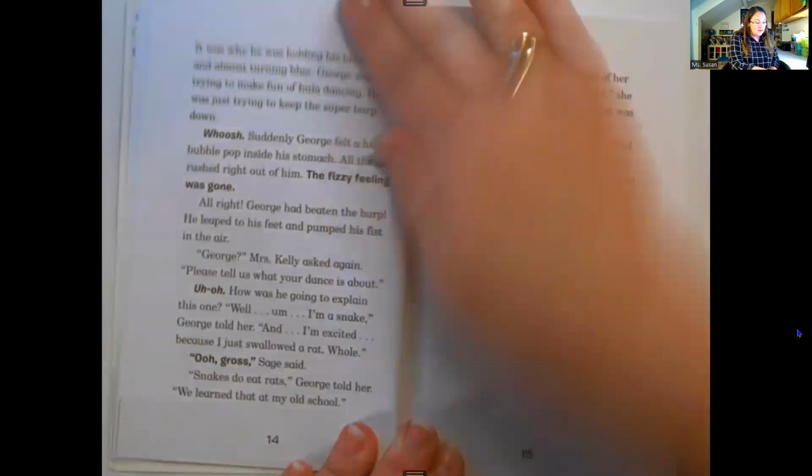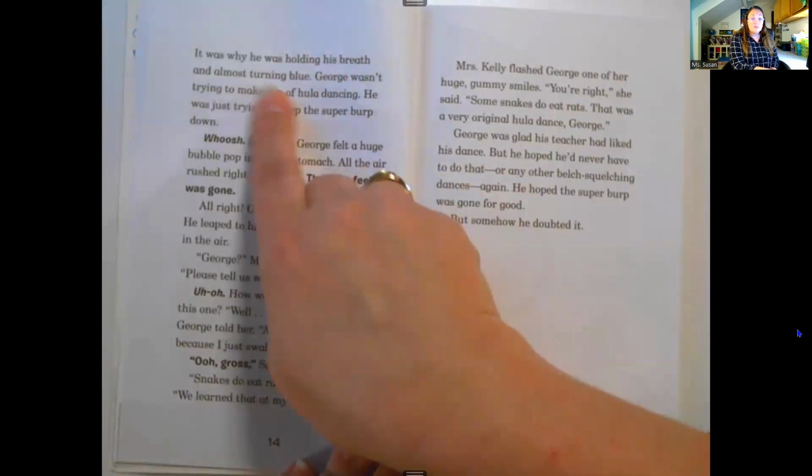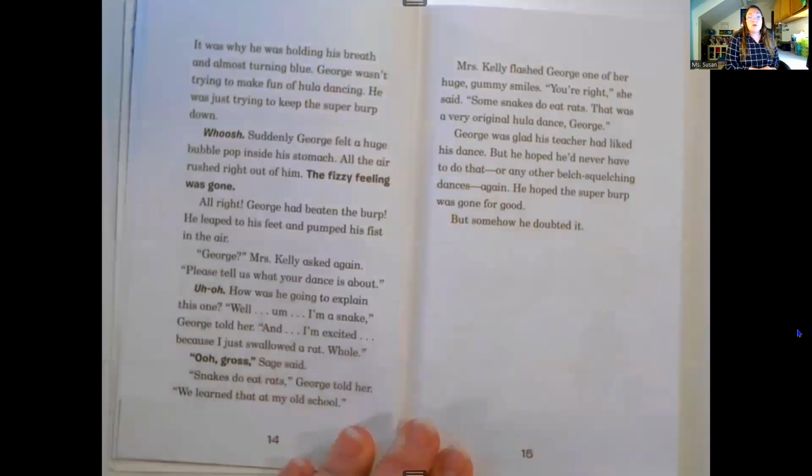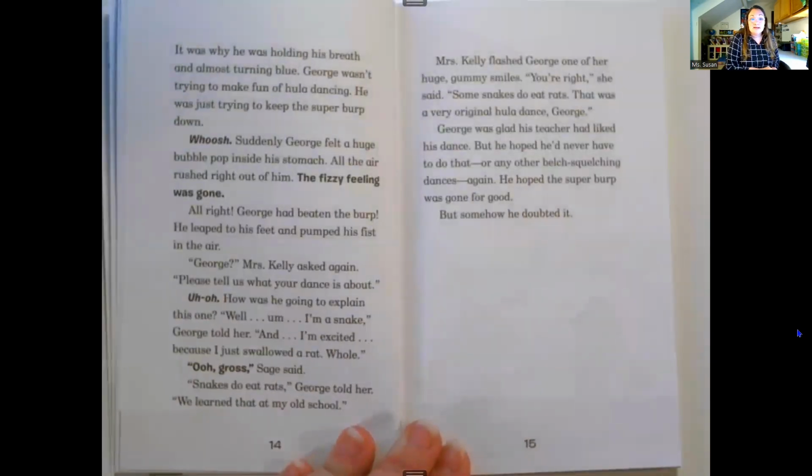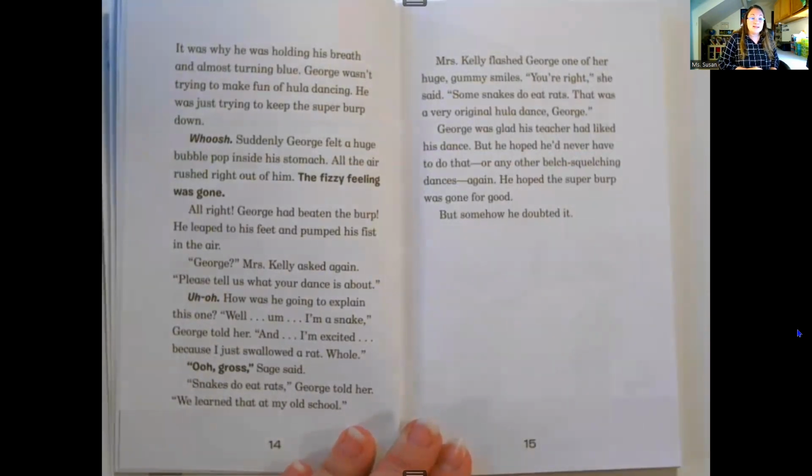It was why he was holding his breath and almost turning blue. George wasn't trying to make fun of hula dancing. He was just trying to keep the super burp down. Whoosh! Suddenly, George felt a huge bubble pop inside his stomach. All the air rushed right out of him. The fizzy feeling was gone. George had beaten the burp.